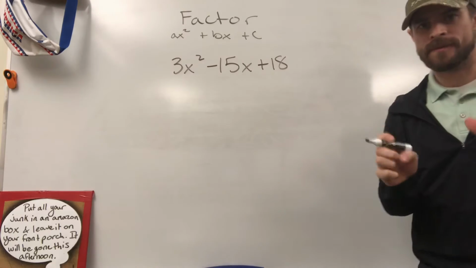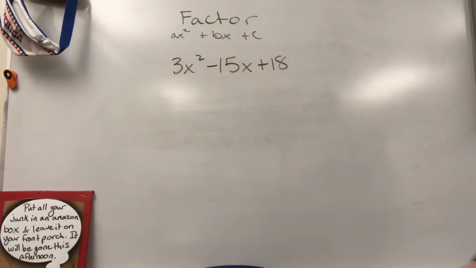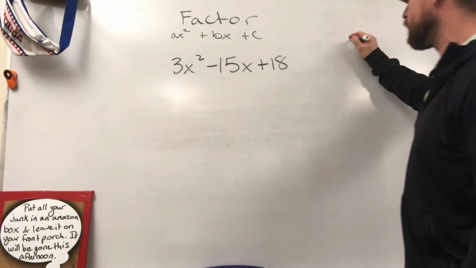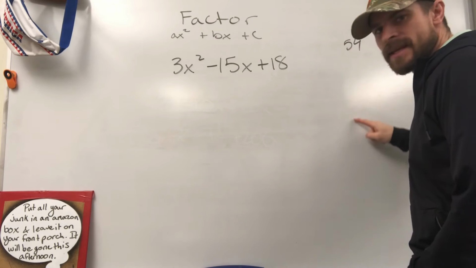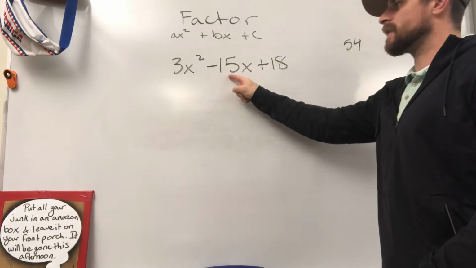Now, I want you to stop and think about what you're going to do after that. Take a second real quick for me. All right, and what we're going to get is a positive 54 here, but we need to find combinations that add up to negative 15.